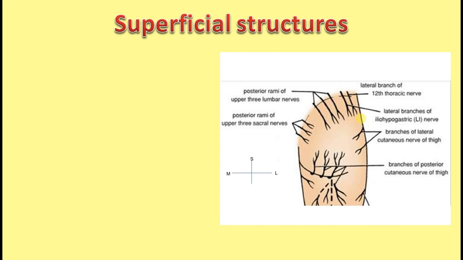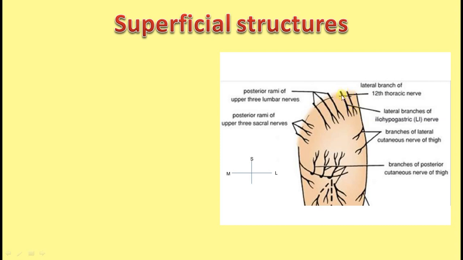Now coming to the cutaneous innervation. So the skin is actually innervated in the upper part from before backwards. So the upper part of the gluteal region from before backwards, mainly the subcostal nerve or the 12th thoracic nerve. The subcostal nerve or T12 nerve gives a cutaneous branch.